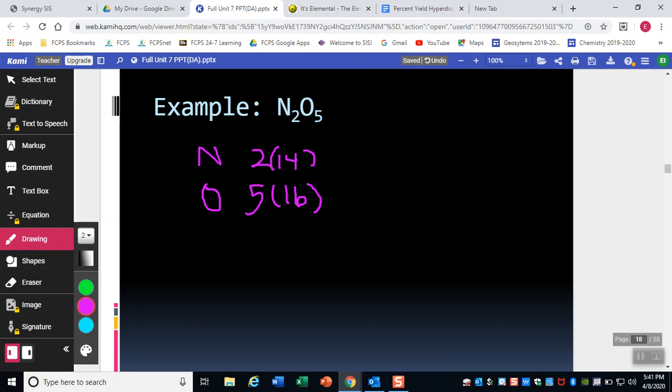That gives me 28, and 5 times 16 would be 80. I'm going to add them up, so I get 108 grams per mole of dinitrogen pentoxide. That's my molar mass.